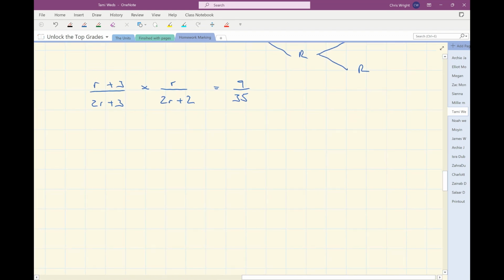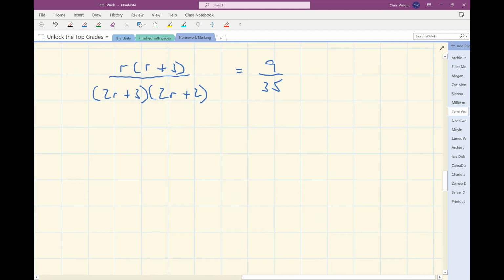So simplifying the left-hand side here, top times top, R times R plus 3 over, and now we're really at a stage where we know we can do the algebra, just don't mess it up. Now, 9/35, right. So I'm going to cross multiply here.